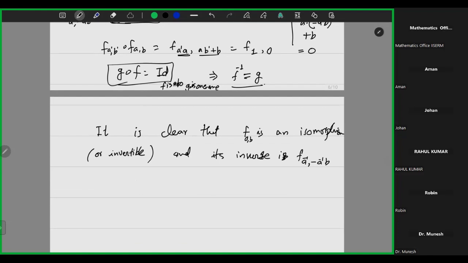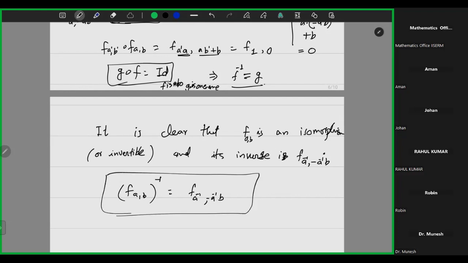Okay. So we got FAB inverse is equal to FA inverse minus A inverse B. So the first question is complete.